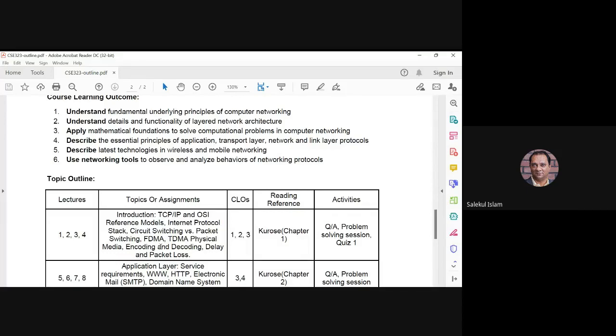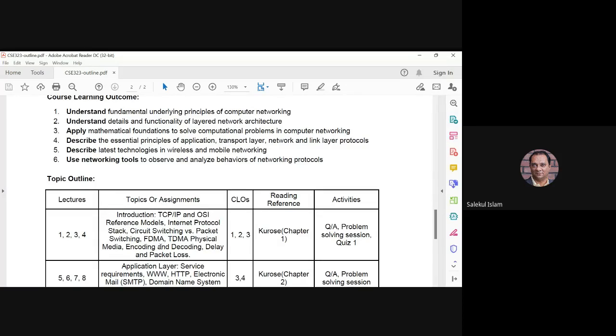But the dominating network that is being used by most of the people, the majority of the users, is the internet. So whatever we are going to learn here, it's all about the internet.